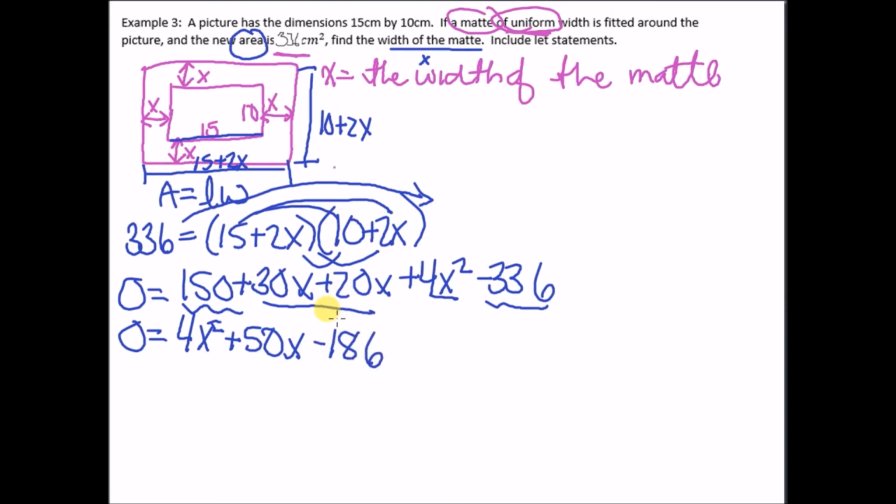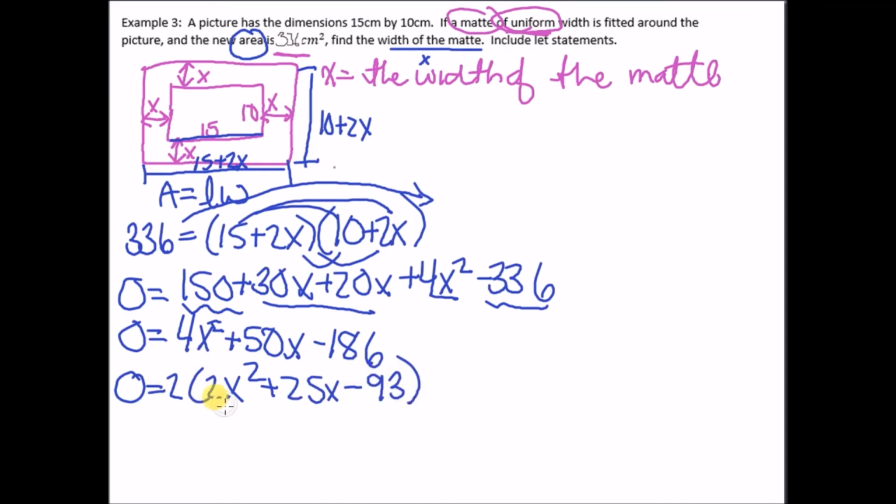Okay, and now we can factor. Now that there are only x's in our equation, one unknown, we need to factor in order to solve for it. So let's factor out a 2 first, just to make this a little bit simpler: 2x squared plus 25x minus 93.